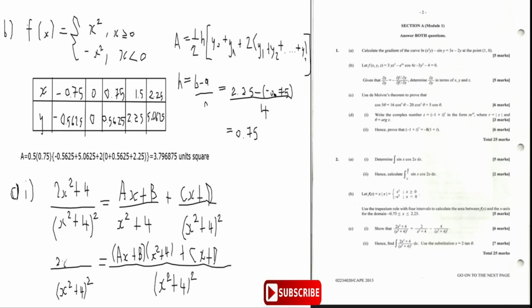So whenever the denominators are the same, we equate the numerators for the two fractions to be equal. So let's equate the numerators. We can't fit it here. Well, we can. Let's try and make it fit here.